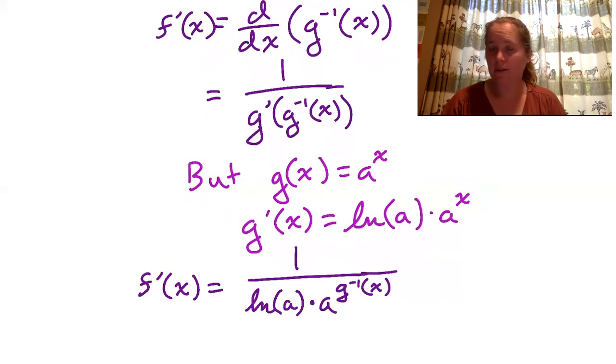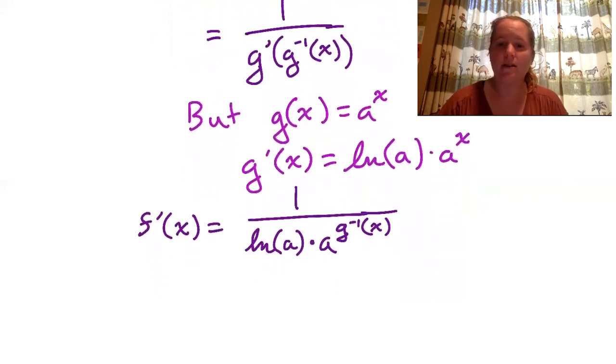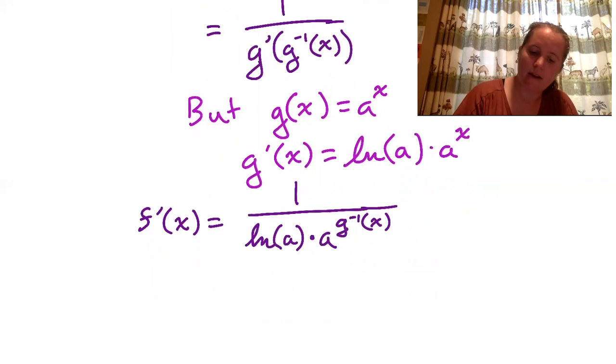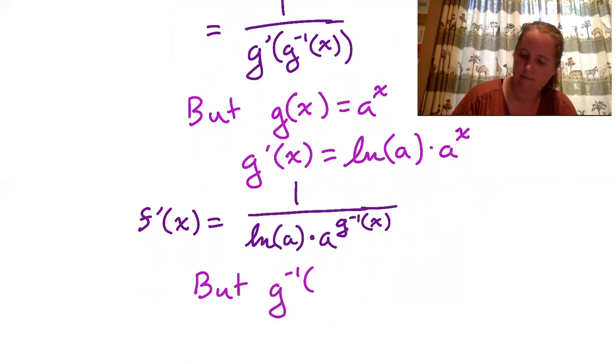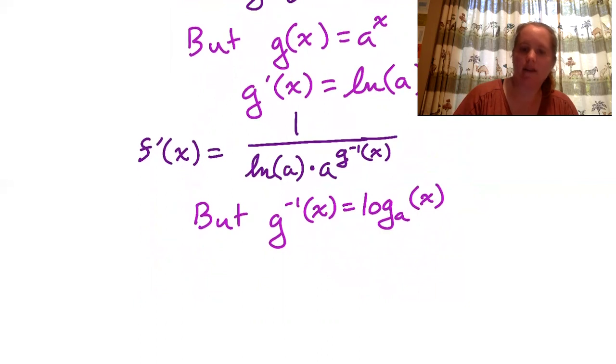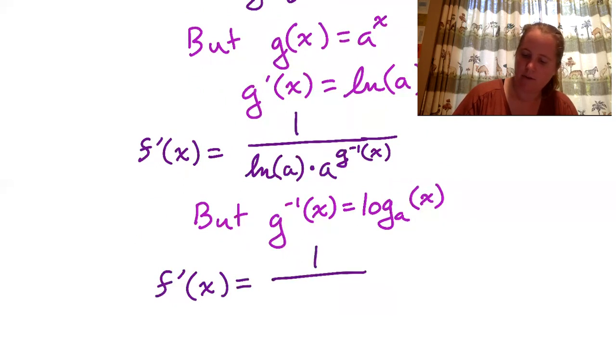And then g inverse of x was log base a of x. So if we plug that back in, we have f prime of x is equal to 1 over the natural log of a times a raised to the log base a of x.